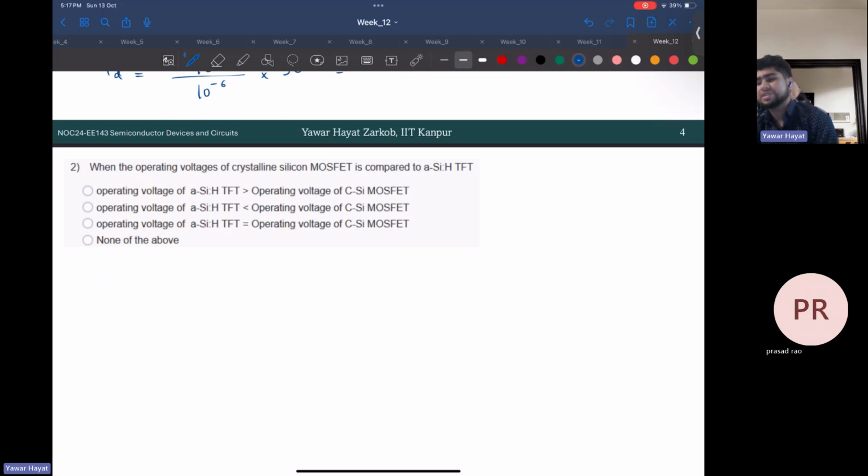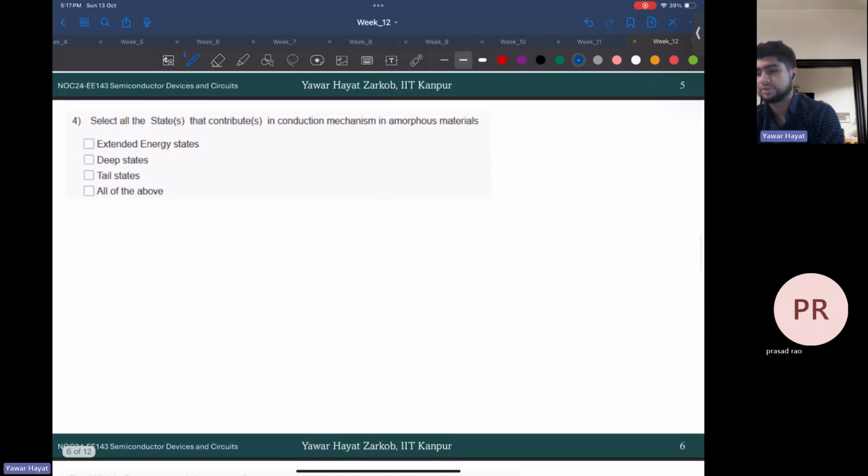Which operating voltage is higher? Option A is correct, right? Your operating voltage of amorphous silicon MOSFET is higher than your operating voltage of your crystalline silicon MOSFET, right? So we'll move on to the next one.